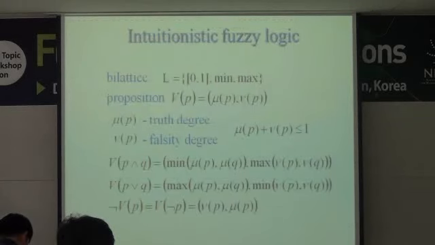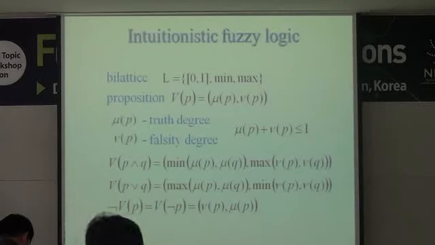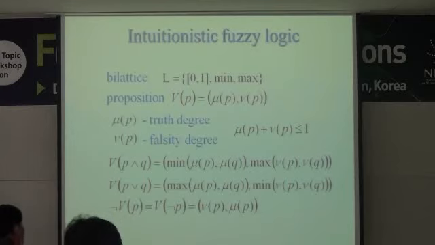Another chance may be given by intuitionistic fuzzy logic, because if we have true degree and falsity degree, then negation is only changing the position of them, and it's very similar what we are doing in dual system.